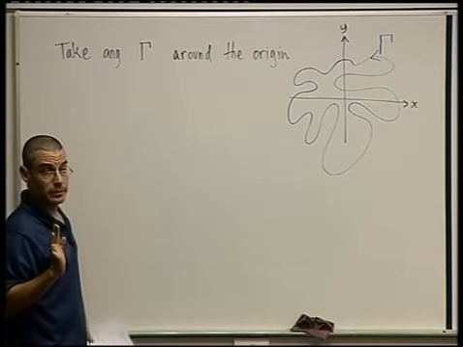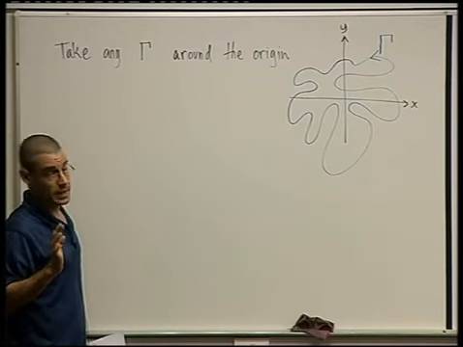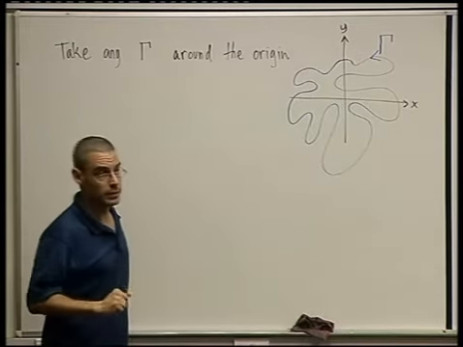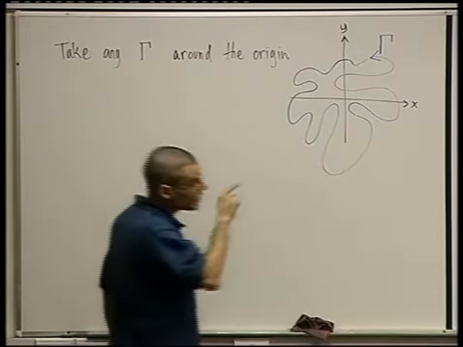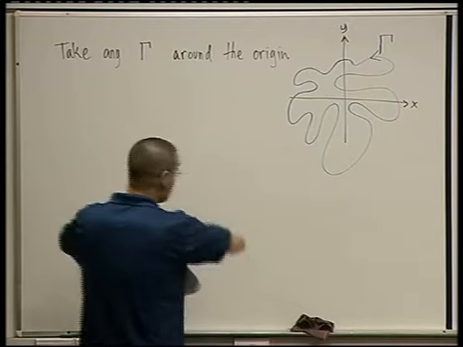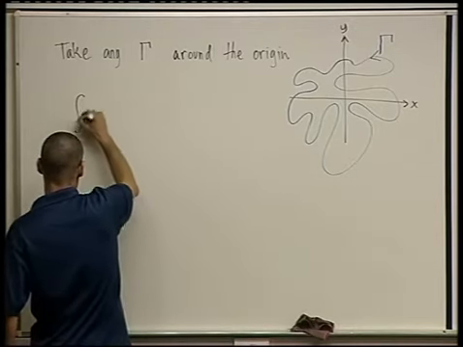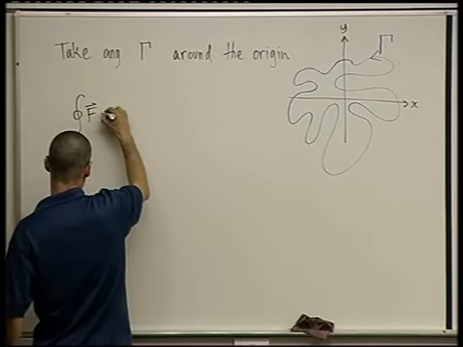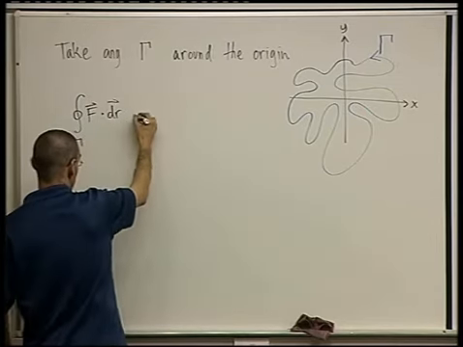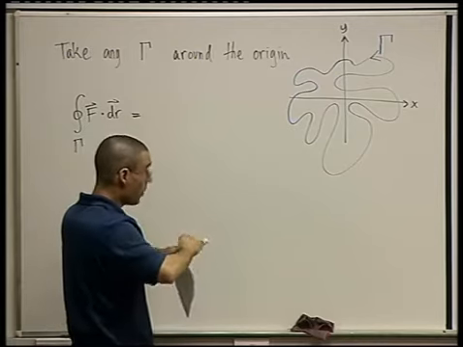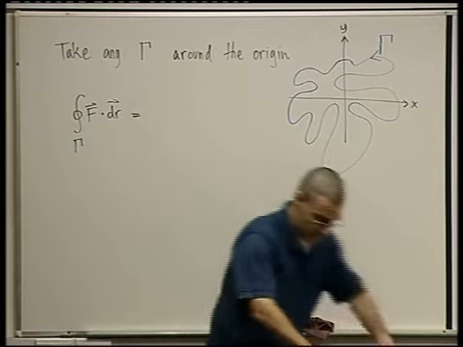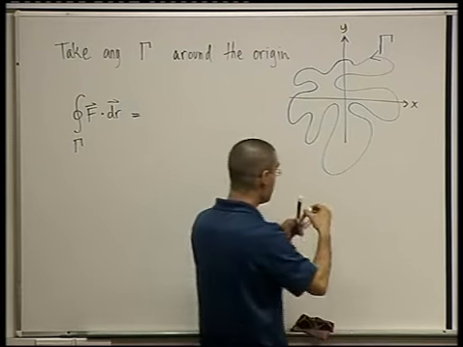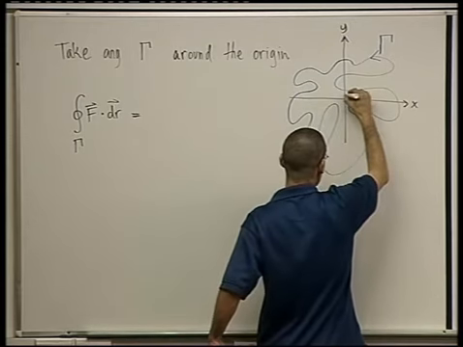Okay? Can I use Green? Can't use Green. Not if the domain is everything inside here. But just like in that example, what we want to calculate is the integral over that gamma of our field, of this classic example. What I can do is I can take these scissors, do you see scissors? And cut out a little hole here.